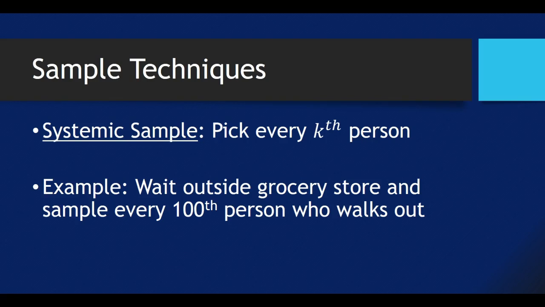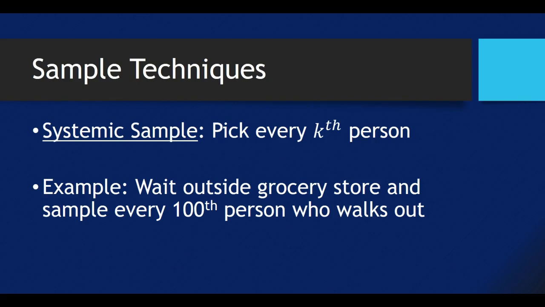So in the next election, whenever that happens to be, you'll see projections and you'll see exit polls if you watch one of those 24-hour news channels. And the way they do those exit polls is pretty much on a systemic base. Every 5th person that walks out of the polling precinct, that person gets sampled, or every 10th person that walks out, or every 100th person that walks out. And they'd probably set up in key polling precincts and things like that.